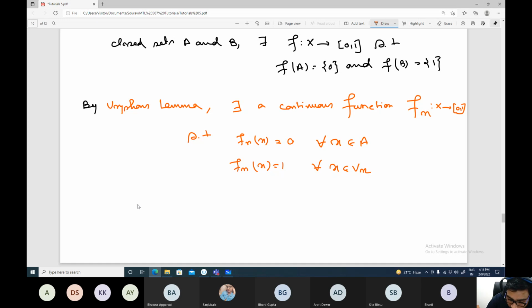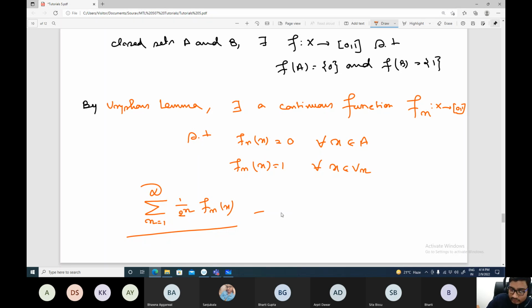Now we consider another one. Recall something from your real analysis course. Consider the series, n equal to 1 to infinity, of 1 by 2 to the power n times fn(x). This is a series of functions. Can you remember Weierstrass's M test? Can you tell me whether this series is uniformly convergent?